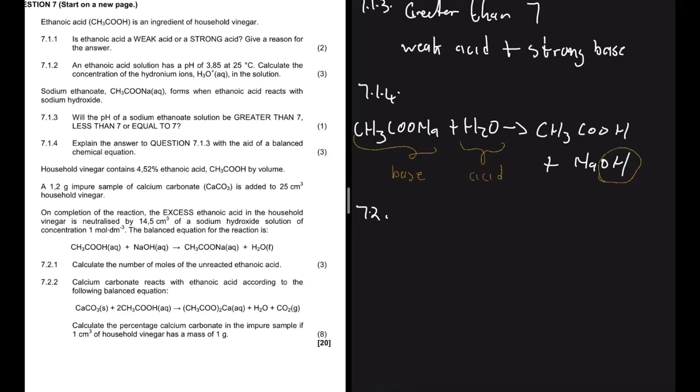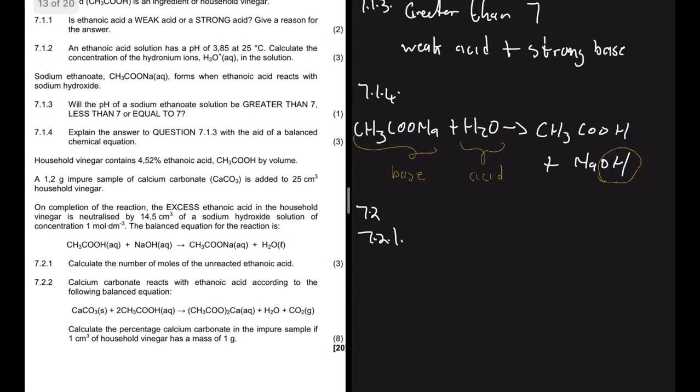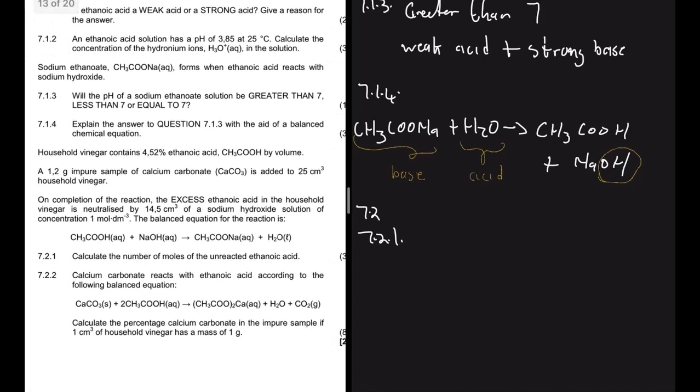So we have 7.2.1 saying calculate the number of moles of the unreacted ethanoic acid. So it is said that the excess ethanoic acid is neutralized by sodium hydroxide, right? So we're gonna have NaOH.